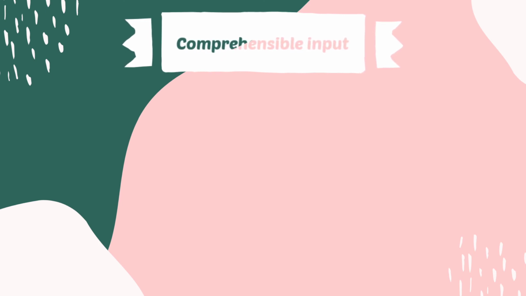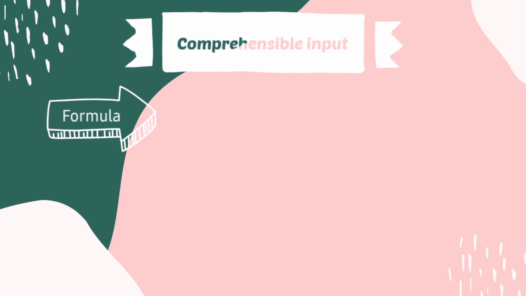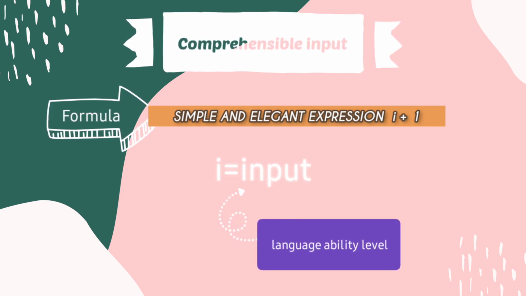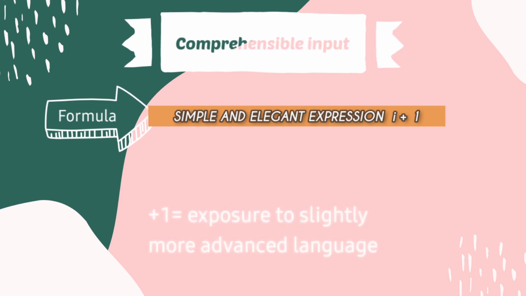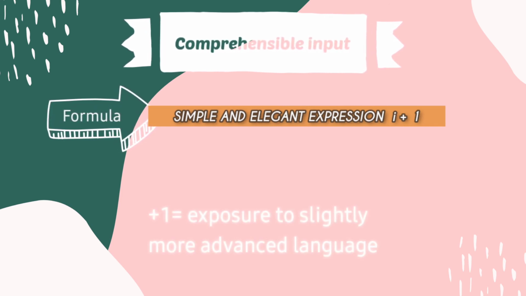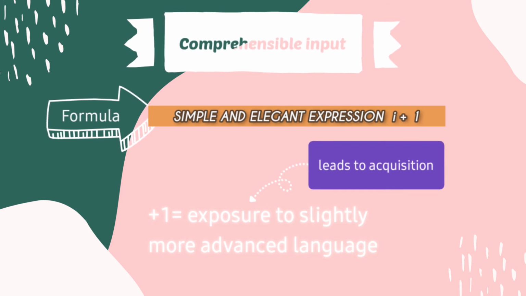So, we also have a formula for comprehensible input, a simple and elegant expression: I plus 1. The letter I stands for input, which is the student's current language ability level. The plus 1 is exposure to slightly more advanced language that leads to acquisition.